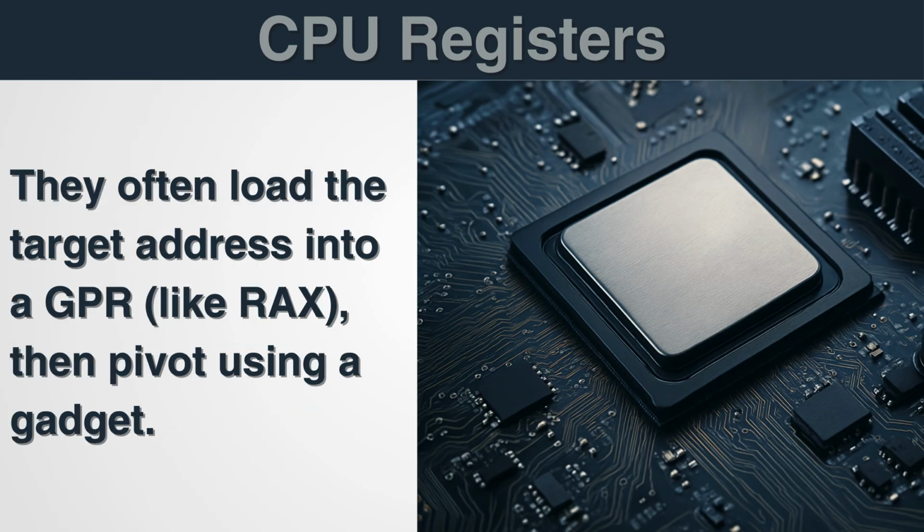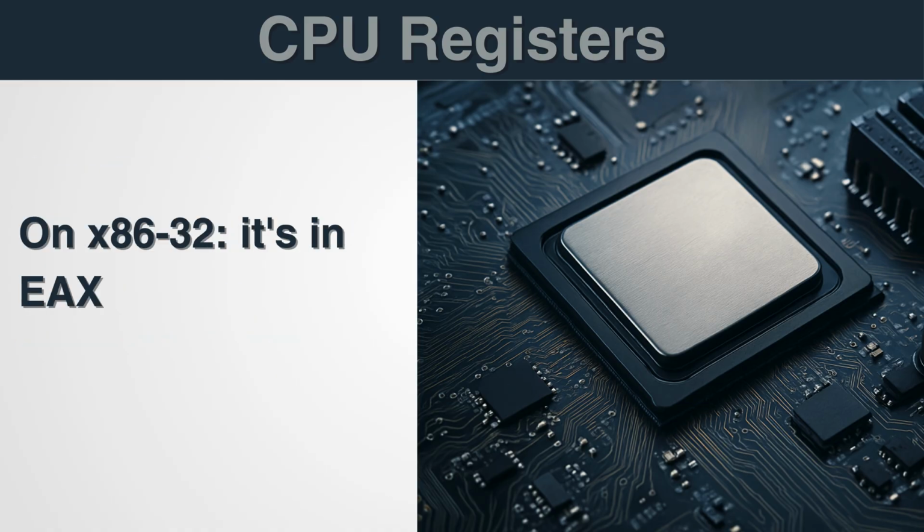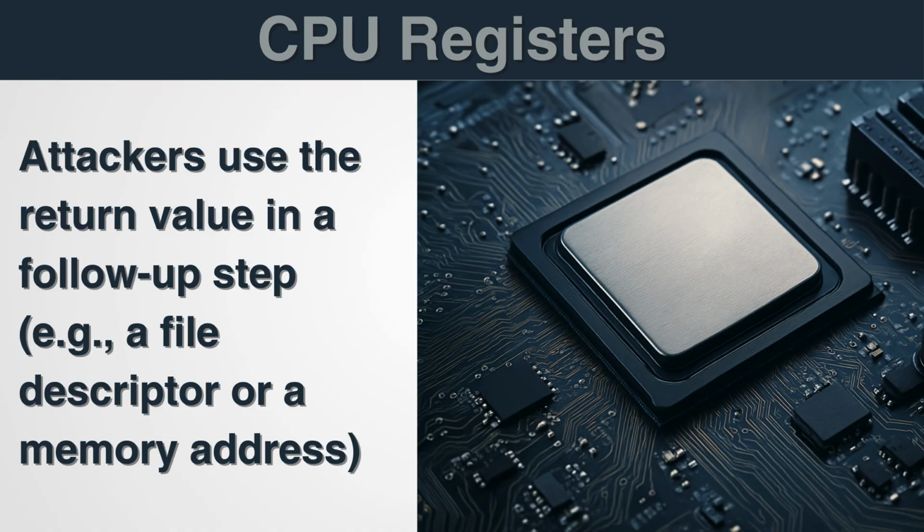General purpose registers matter here because you often load the target address into a GPR and then pivot using a gadget. And I mentioned return values in assembly and syscalls. The return value of a function or syscall is placed in a specific GPR. So that return value would be placed in that specific general purpose register.